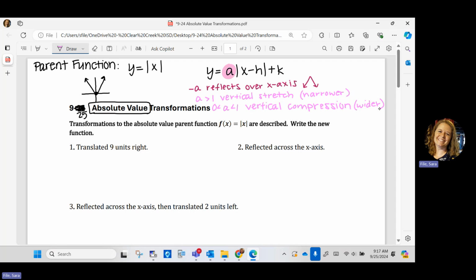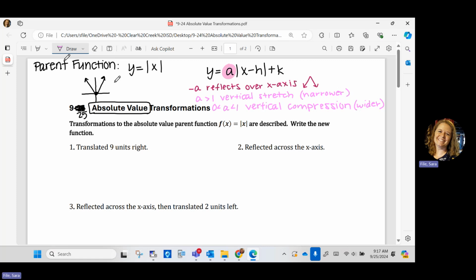If it's positive, it opens up. Okay, and then if it's any number other than 1, it's either going to look narrower or wider than the parent function. So instead of having that slope of -1, +1 on the two pieces, it's either going to get steeper, more narrow, or it'll get wider, less steep.